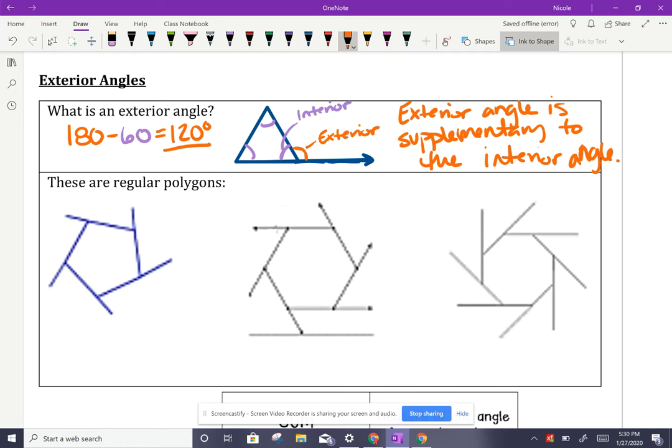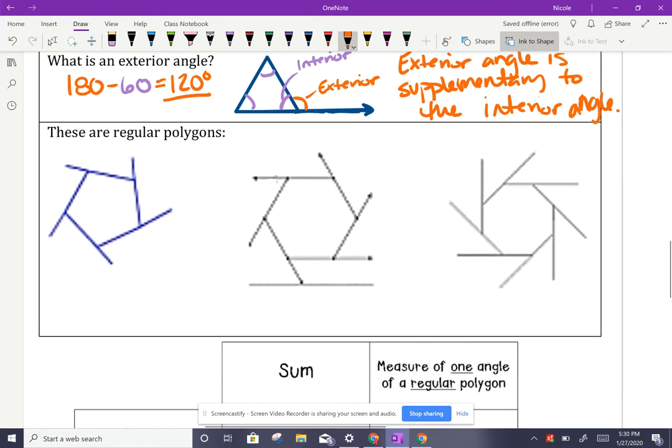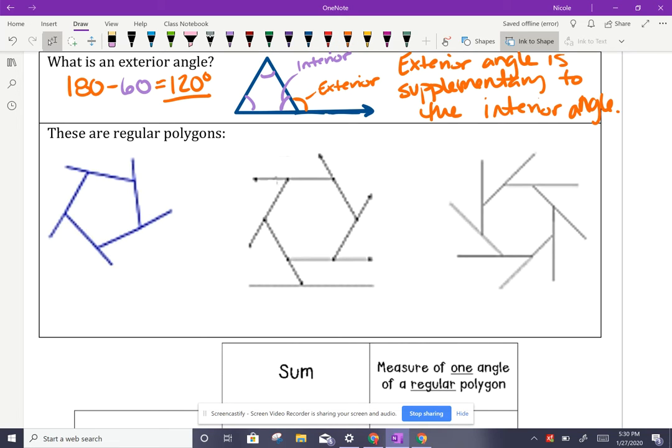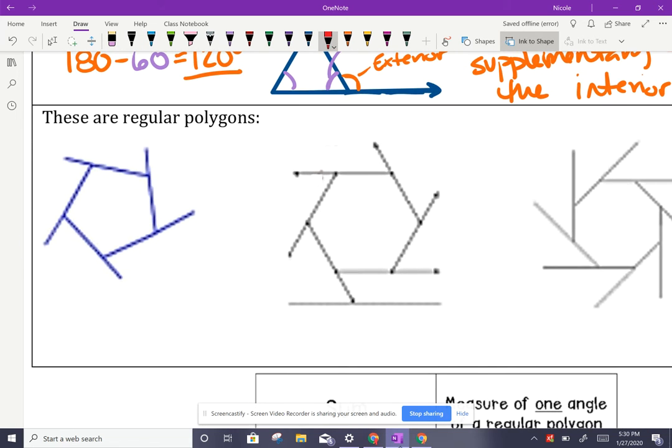Now, this is going to be true with anything, but with regular polygons, we have a real special thing, because what do we know about the angles of a regular polygon? They are all congruent. So if I look, first I have a 1, 2, 3, 4, 5-sided polygon here. All of my interior angles are congruent. That's a pentagon.